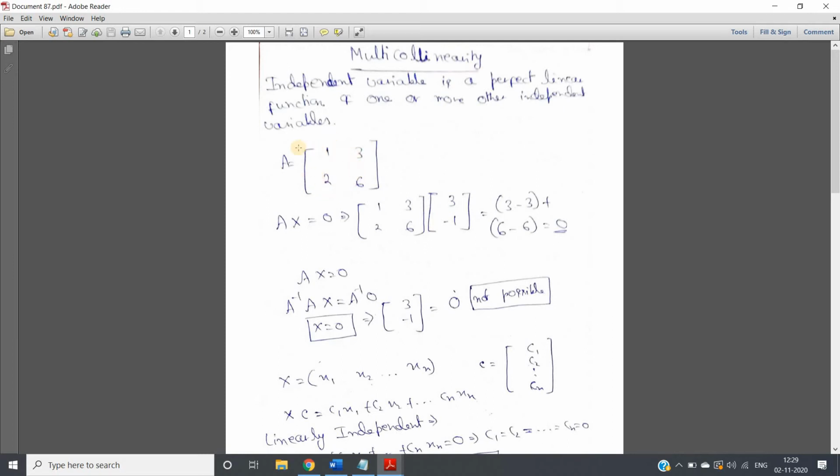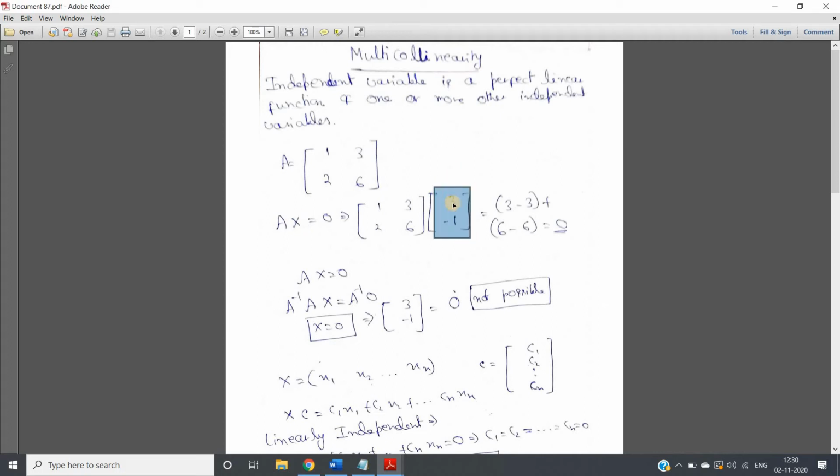If this perfect multicollinearity is present, where one column is a linear combination of other independent columns, then what happens? There exists an X, where X not equal to 0, for which we get Ax equal to 0. Very simple. Suppose my X is the column matrix 3, minus 1.